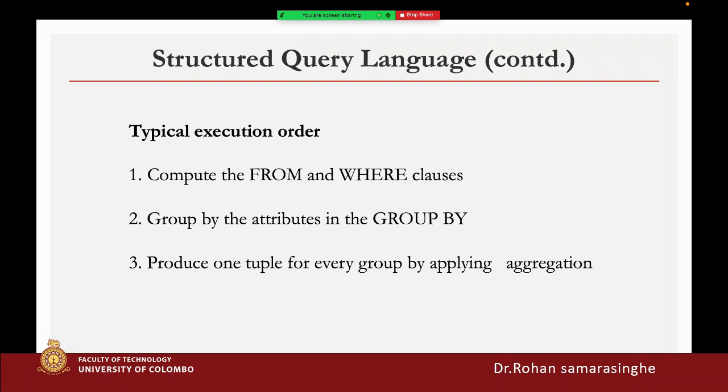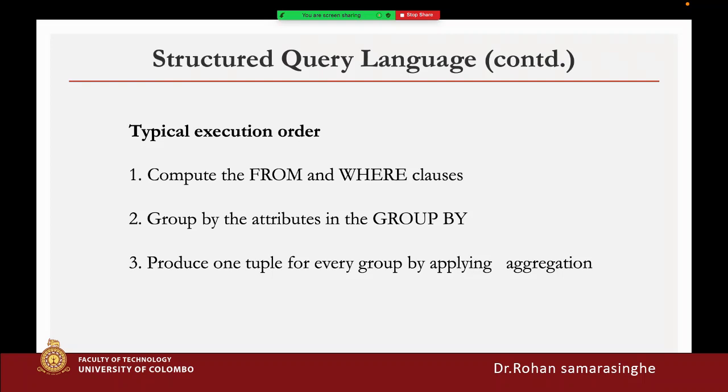So this is the execution order of the previous query. Compute from and where clause first. From, if there is a condition, it will execute first. From, that is the tables and clauses.